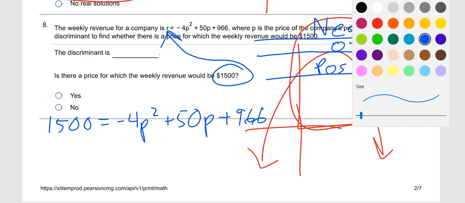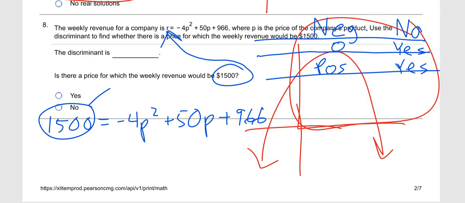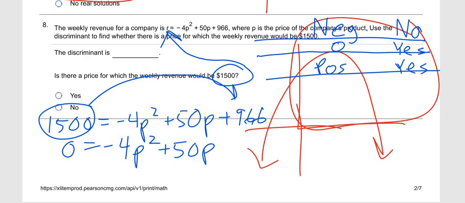We are going to move it over through the magic of subtraction. So 966 take away 1500 gives me negative 534. All right, now you're ready for your discriminant. Find b squared minus 4ac so we can answer this question.